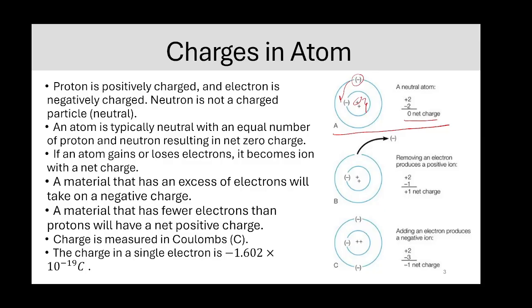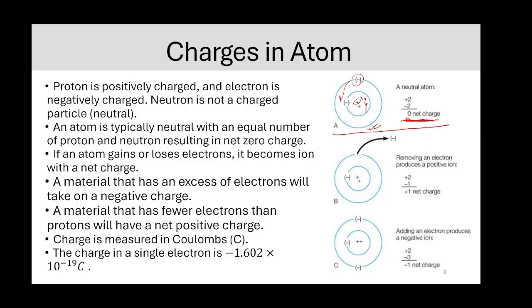But atoms aren't always stable. Naturally, if the protons and electrons are in the same numbers, the atom will be electrically neutral with a zero net charge. But atoms aren't always stable. They can either gain or lose electrons.